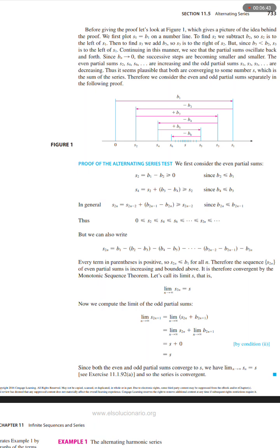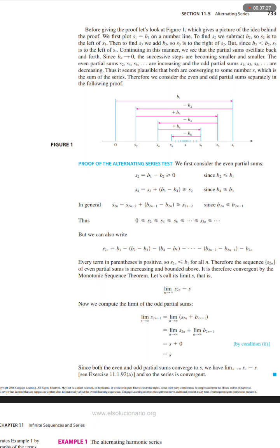But we can also write s sub 2n equals b sub 1 plus (b sub 2 minus b sub 3) minus (b sub 4 minus b sub 5) minus ellipsis minus (b sub 2n minus 2 minus b sub 2n minus 1) minus b sub 2n.